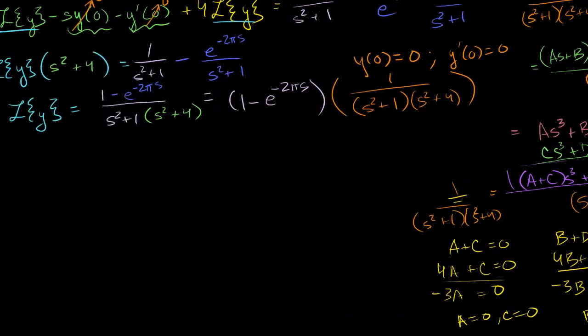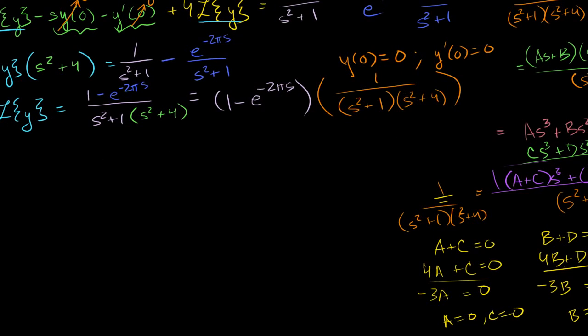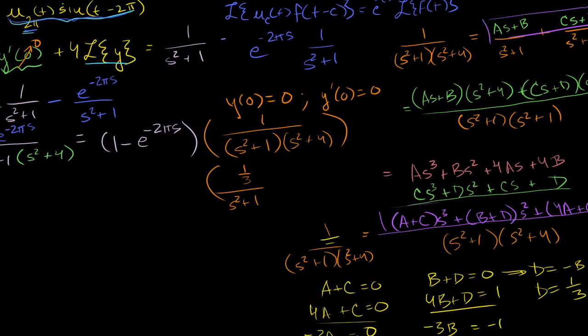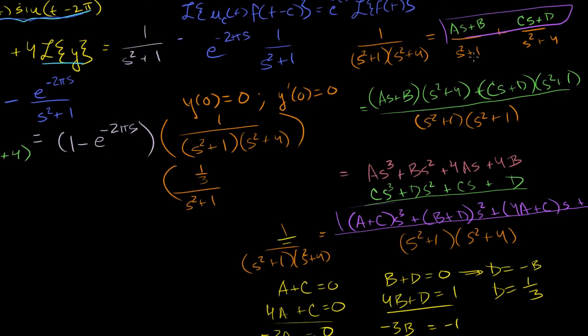Our equation, this thing here, can be rewritten as, the a disappeared. You just had 1/3 over s squared plus 1. b was a term on top of the s squared plus 1. So that's why I'm using b there. And then d is minus b.